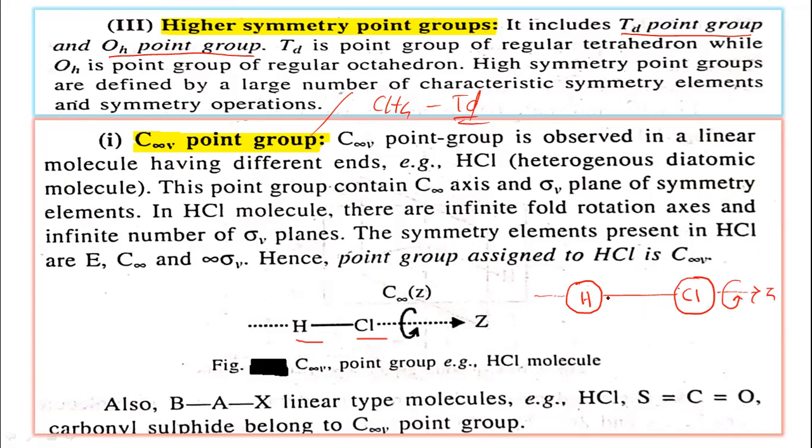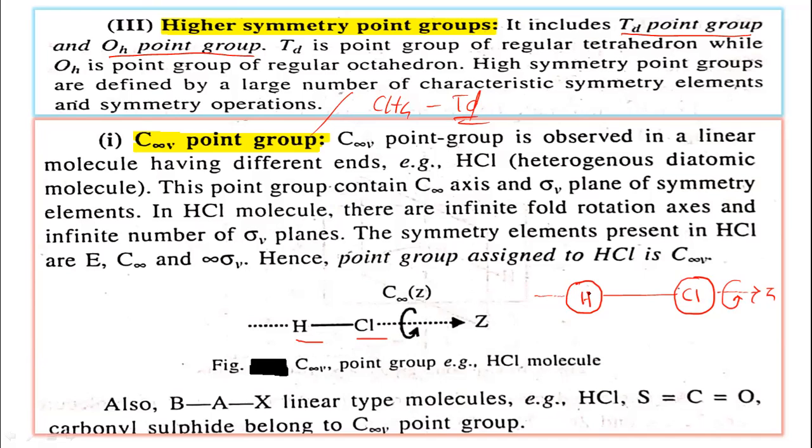Even if we rotate it by a very small amount, since the hydrogen atom is ball-like, you can take the example of a dumbbell. In a dumbbell, when you rotate, you get the equivalent configuration at any angle. If you rotate by just 1 degree or 0.5 degree, you still get the equivalent configuration.